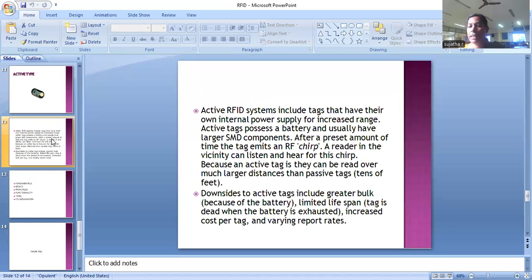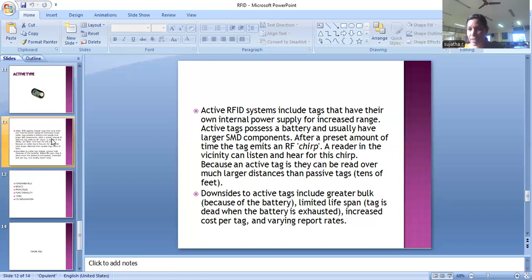Active tags possess a battery and usually have larger SMT components. After a preset amount of time, the tag emits an RF signal. A reader in the vicinity can listen for this signal, so active tags can be read over much larger distances than passive tags, tens of feet.